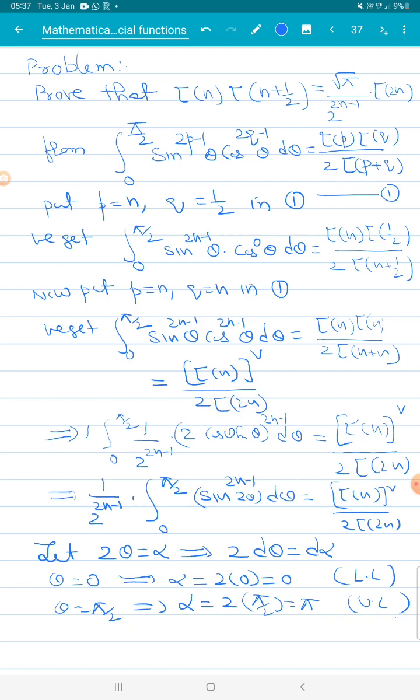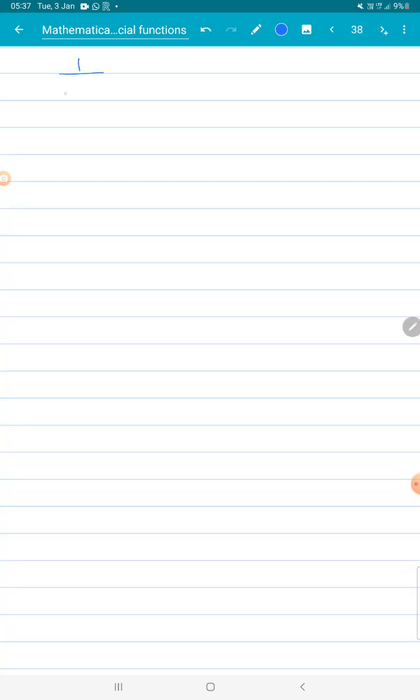Now the integration becomes 1 by 2 to the power of 2n minus 1 into integration 0 to pi of sine to the power 2n minus 1 alpha, and since d theta is equal to d alpha by 2, d alpha by 2 is equal to gamma n whole square by 2 into gamma of 2n.